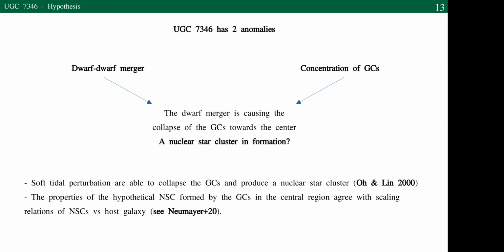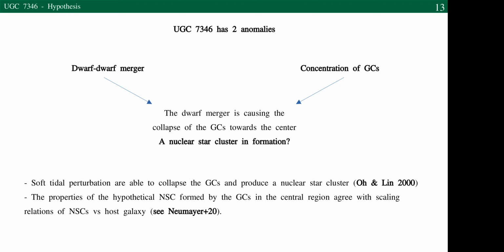A straightforward interpretation could be that the dynamical friction of the merger is causing the collapse of the globular clusters towards the center of the galaxy. And indeed, previous works indicate that soft tidal perturbations are enough to produce a collapse of the globular clusters and the formation of a nuclear star cluster. So this scenario is likely.